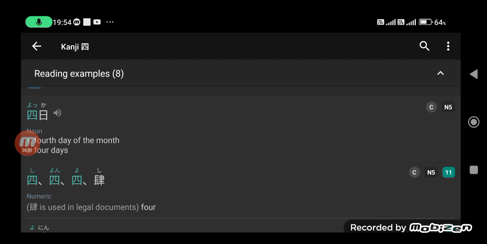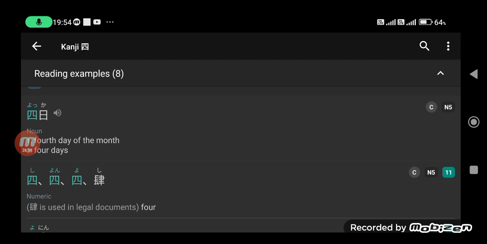I have discussed that the presence of tsu has an effect on the next kanji: it becomes a consonant doubler. So if you have a consonant doubler, what happens? The first consonant of the right part of the kanji is doubled. So what's the effect when you pronounce it? There's an emphasis, a stress.